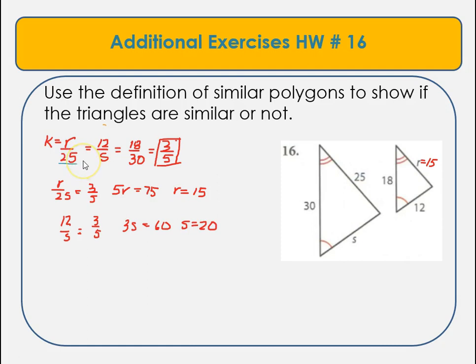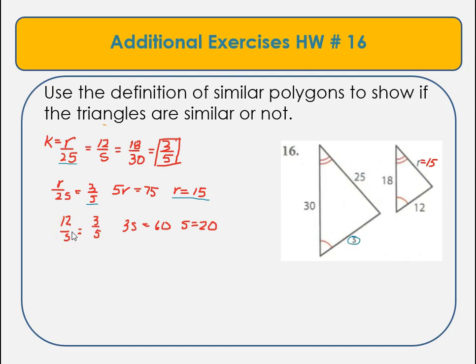The first one is r over 25, and set it to the similarity ratio. So r over 25 equals 3/5. 5 times r is 5r. 3 times 25 is 75. 75 divided by 5 is 15. And now we need to solve for s.